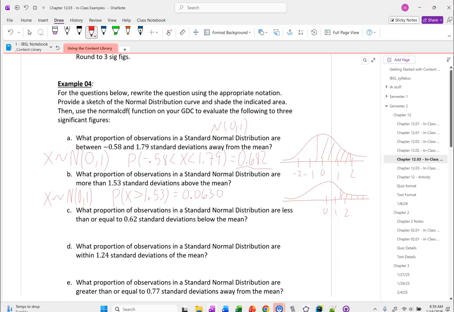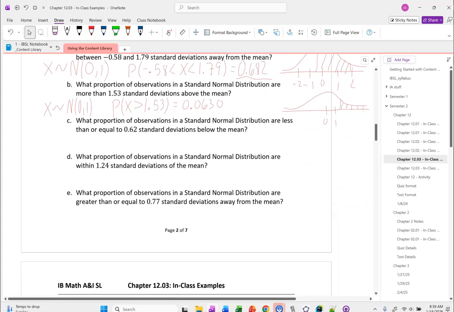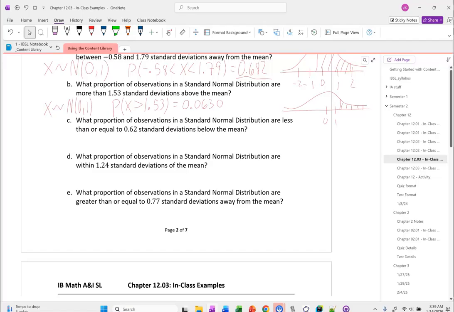Ethan, I'm going to skip down to D. What proportion of observations in a standard normal distribution are within 1.24 standard deviations of the mean? So start with this, right? Yeah.